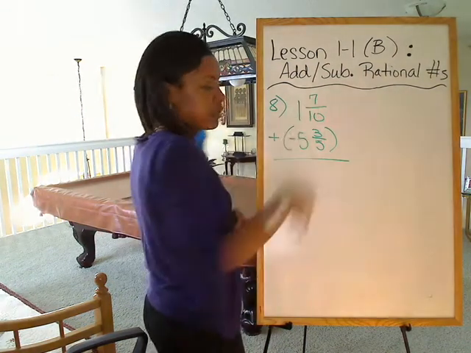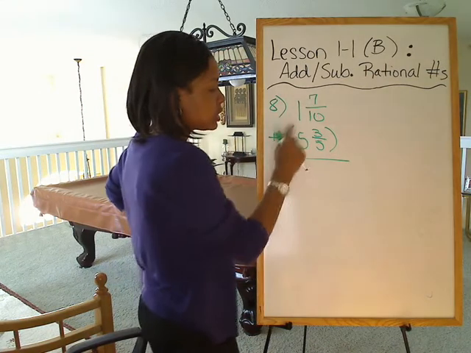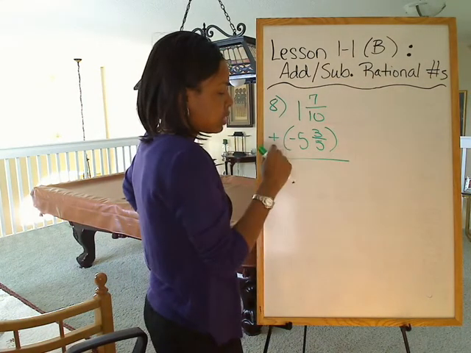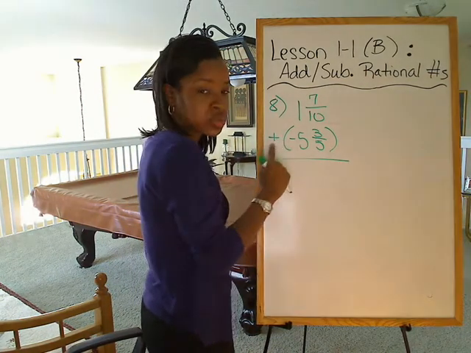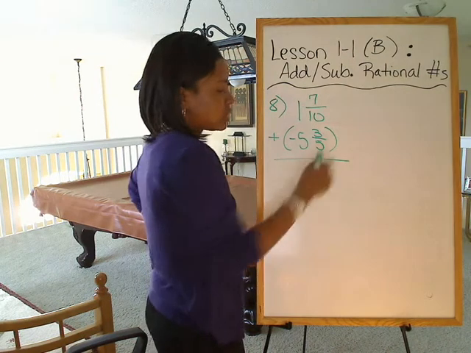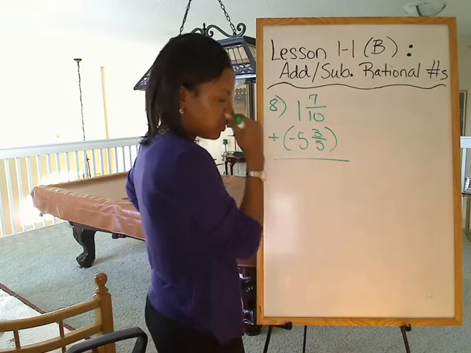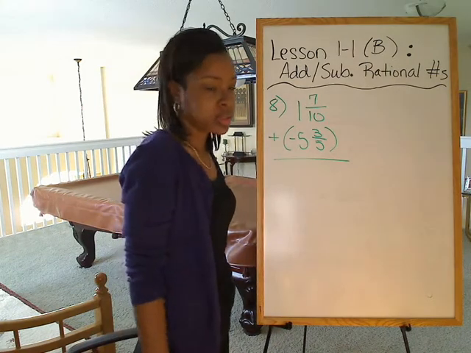And again, I always write it vertically. It's easier for me. The only reason this number is in parentheses is because in math we don't like to write two signs next to each other without having something to separate them. So that's why they put the -5 3/5 in parentheses.